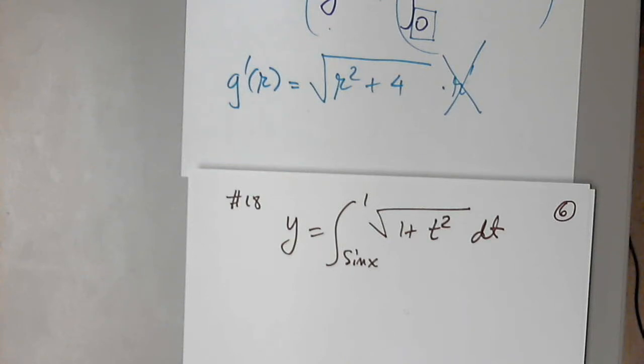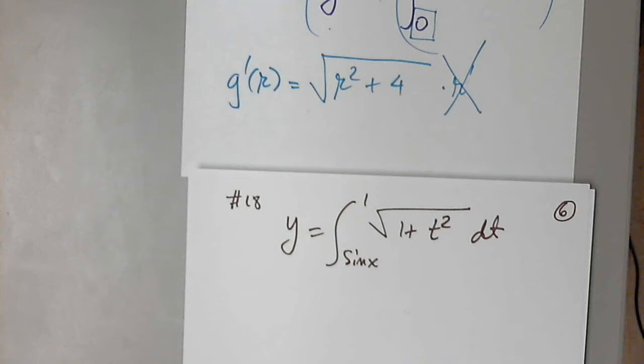And say, wait a minute. Of course, it's the same question, we're asked to find y prime. But here I have to say, wait a minute. It's not ready. The bottom limit is not a constant. The lower limit is not a constant.